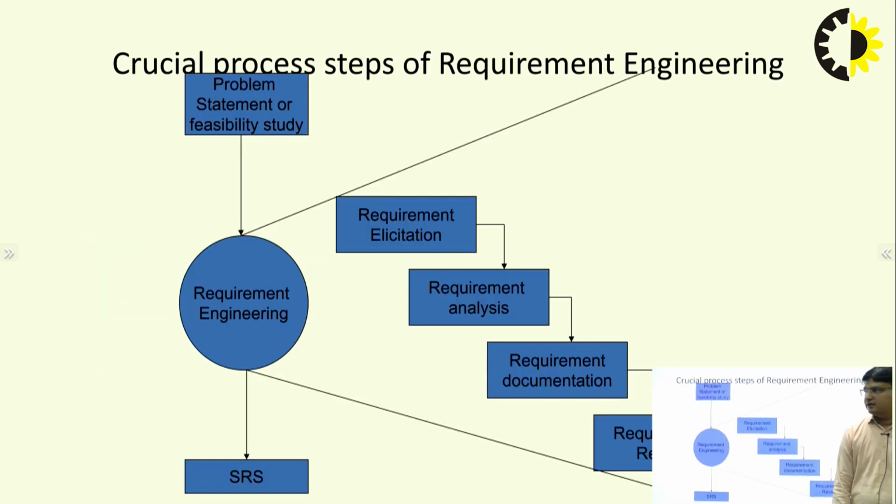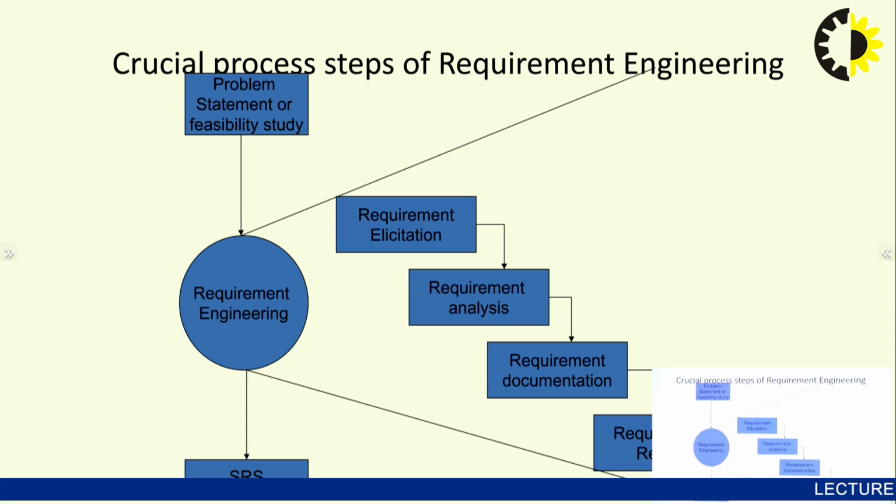Given is a diagram which illustrates the crucial steps of requirement engineering. The input is the problem statement, that is the feasibility study, and the output is the SRS. These are the four basic processes involved in requirement engineering: first is requirement elicitation, second is requirement analysis, third is requirement documentation and fourth is requirement review.